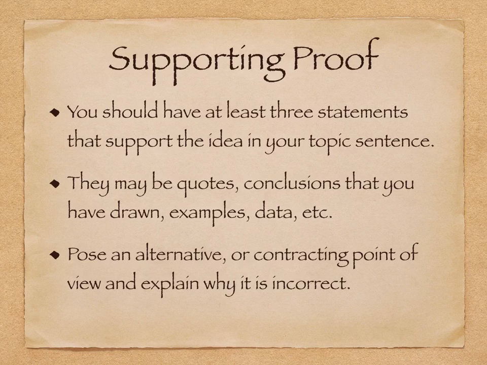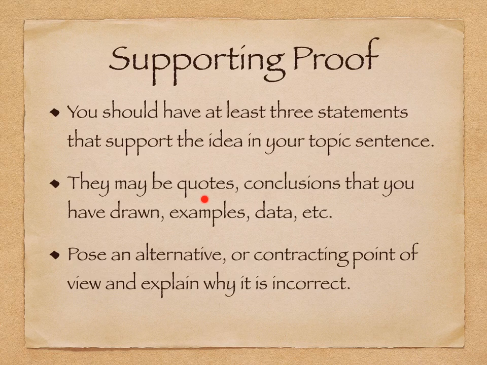Now, here's the big part. So after you have your very simple topic sentence, you have to support it. Okay? Even if you're an expert, people expect you to support what you're saying with proof. So when you do this, you should have at least 3 statements that support your idea in your topic statement. Okay?